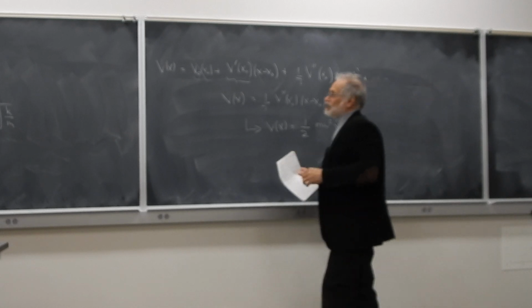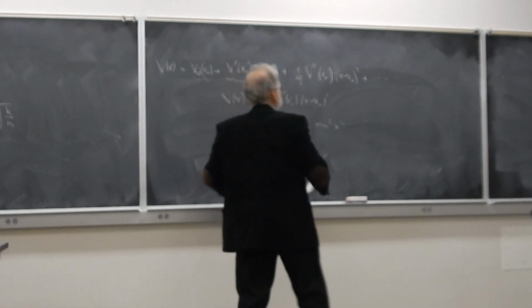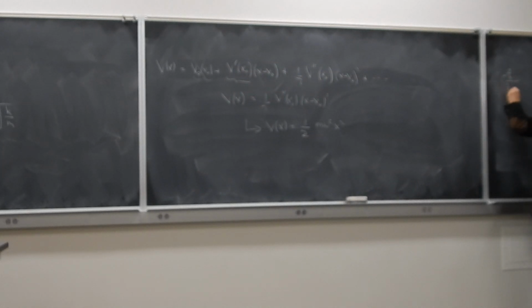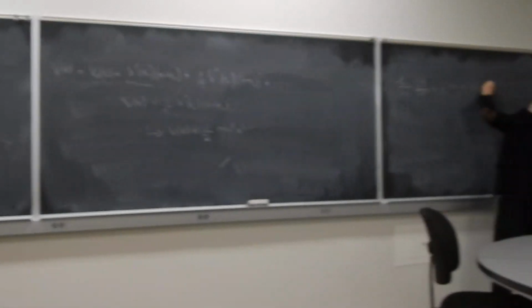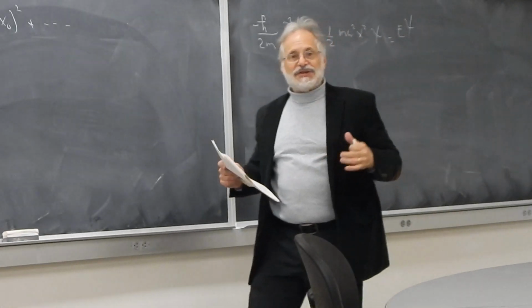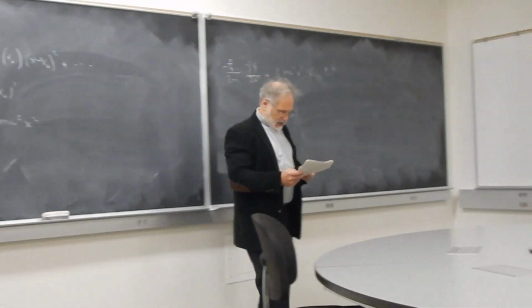With that, I can rewrite my Schrodinger equation as minus h bar squared over 2m, second derivative of psi with respect to x, plus 1/2 m omega squared x squared times psi is equal to E psi. We're doing the time independent equation. And of course, what we want to do in this case is to find the energy eigenvalues and eigenfunctions.